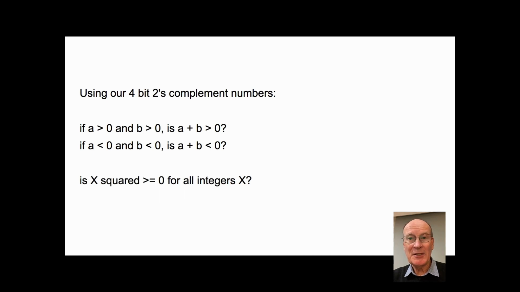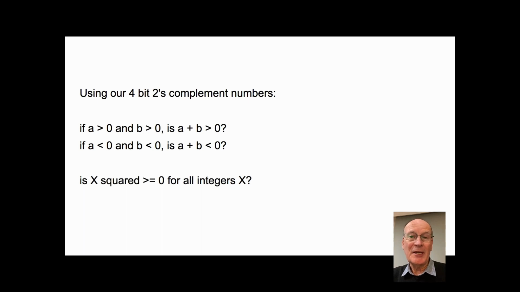Conversely, if A is less than 0 and B is less than 0, is A plus B always less than 0? Now, in each case, if you're talking about mathematics, then that's true. But do a few examples from the number circle and see what you end up with, and see if it's also true for 2's complement in 4 bits.